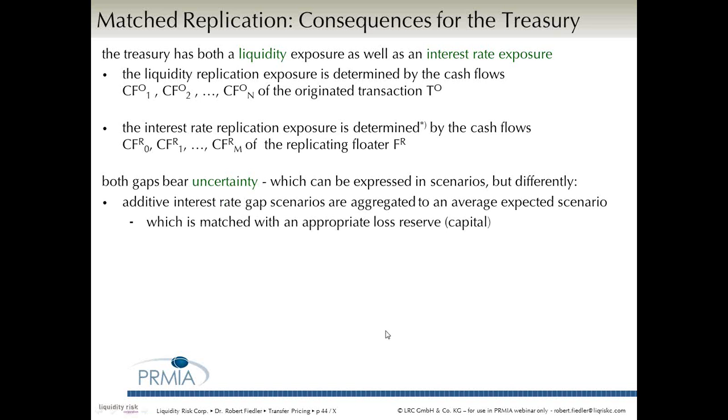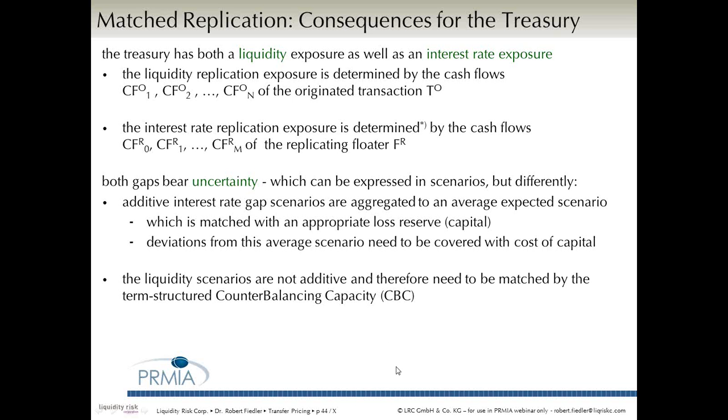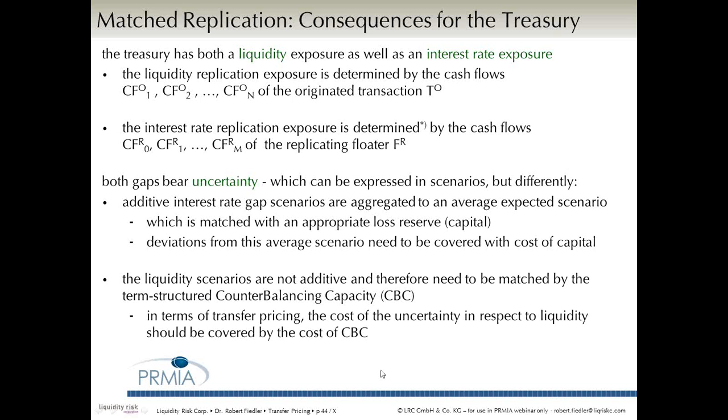The problem is an interest rate and liquidity view. We look at different scenarios. In the interest view, everything is additive, and we can build mean scenarios. In the liquidity scenarios, we want to have different scenarios showing more extreme situations.